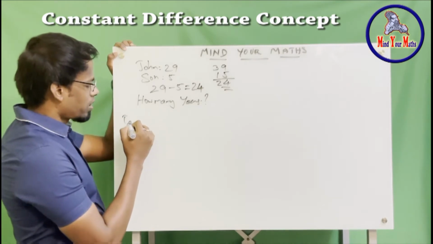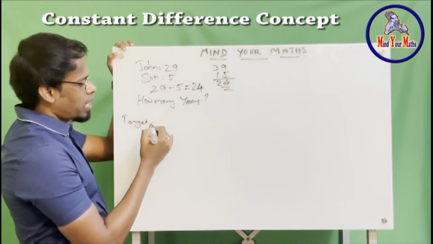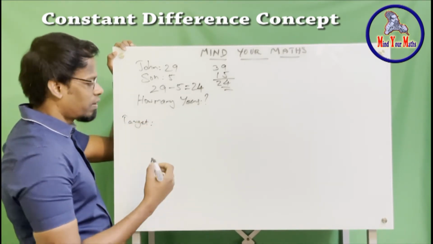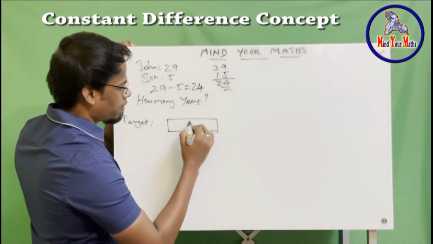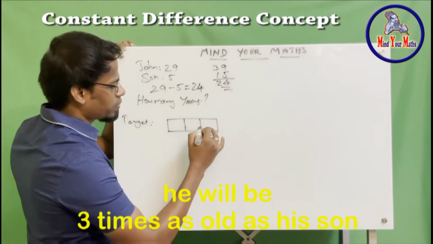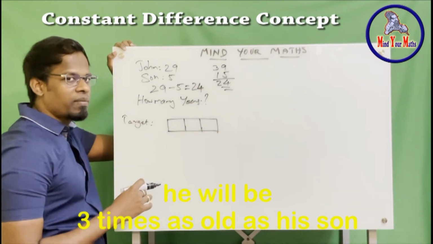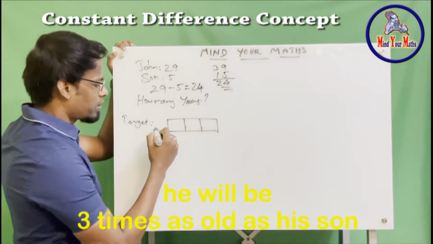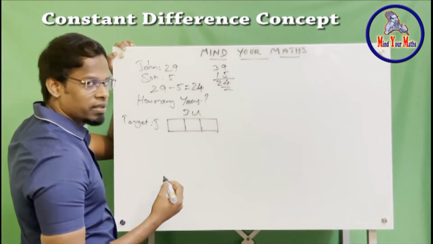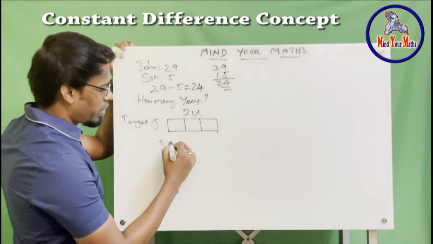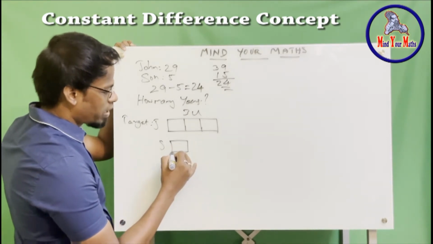So the target, as per the problem, is that John will be 3 times older than his son, which means John will be 3 units, and his son will be only 1 unit.